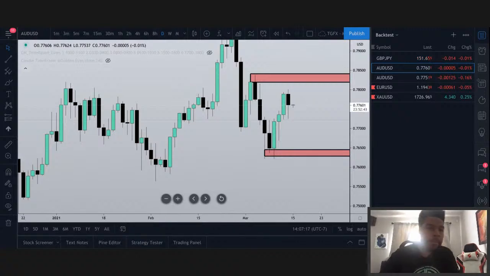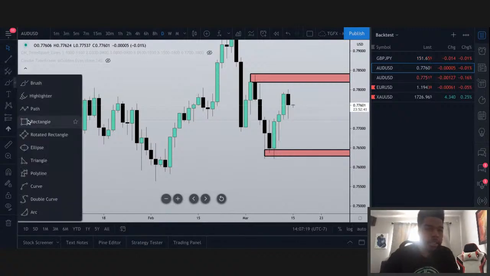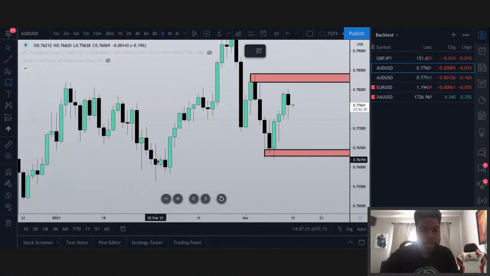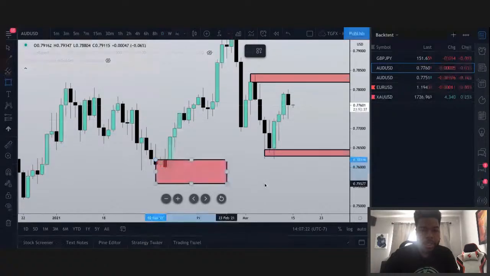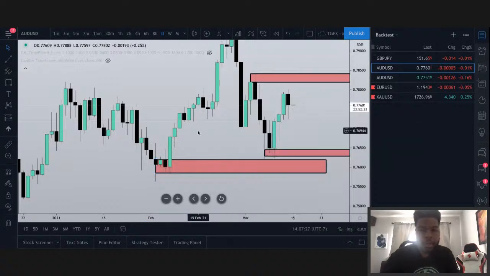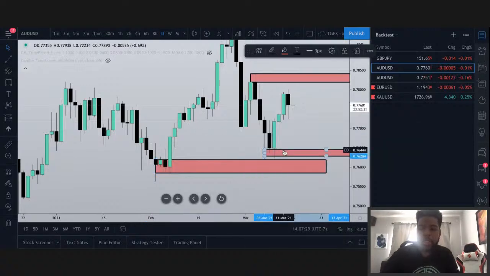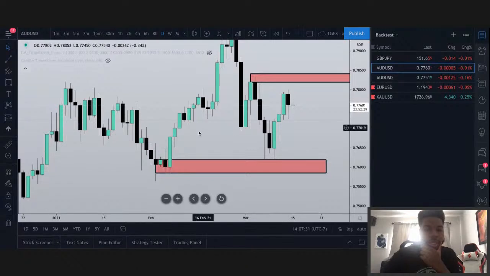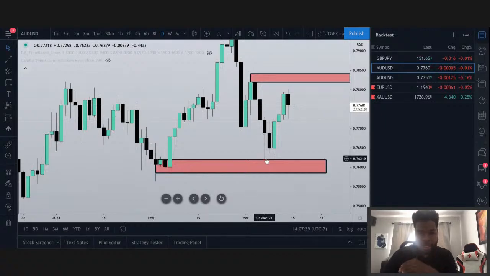Now, as we can see here, if we highlighted from this point to this point down here, and we drew it across, and I'm just going to delete this zone for right now, just so we can see the wicks clear. But as you can see, if we highlighted this consolidation area and we drew it to the right, we can now see exactly why price stopped where it did.